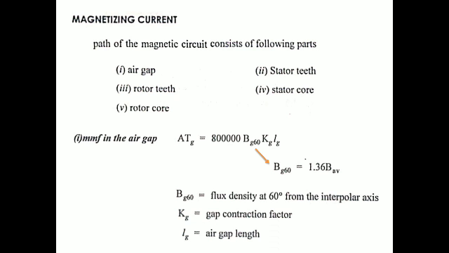To calculate this value, we have to consider the flux, because this is the current that produces the flux. The flux, in terms of flux density and H, can be expressed in terms of mmf, so we can directly relate these. This current is found by directly linking the mmf values of different portions.